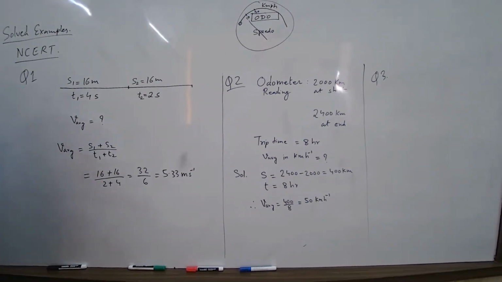Correct? Because speed is what kind of quantity? Scalar. And velocity is a vector quantity. What else? Any other difference? Formula. What is the formula of speed? Distance upon time.